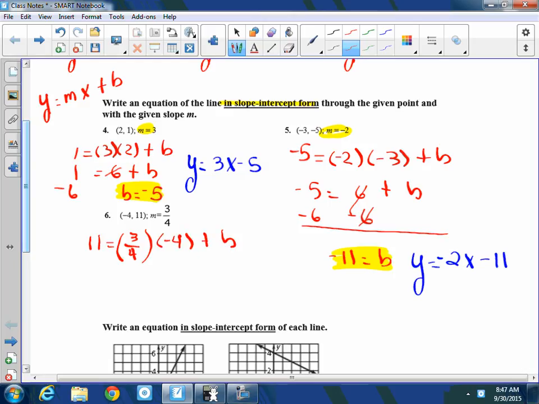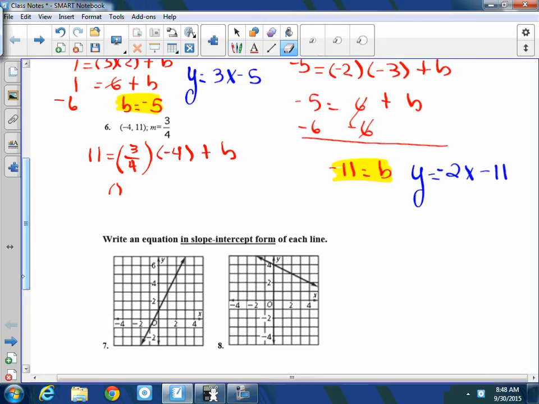plus b, right? Now, if you don't want to do this in your head, you still have a calculator in front of you, right? Just make sure that fraction is inside what? Parentheses, okay? Negative 3? Yep.